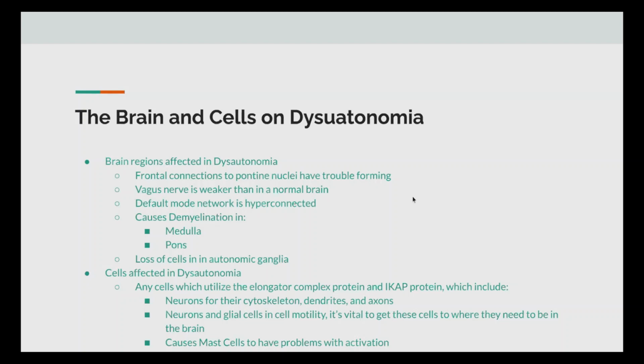Also, the vagus nerve is weaker than in a normal brain. And what that does is it helps regulate your autonomics and has parasympathetic control of your GI system. So again, we're seeing that there's less control of your autonomic nervous system.